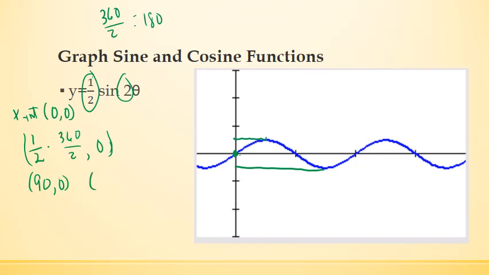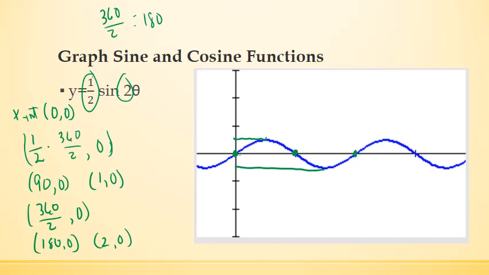On the coordinate plane, that's 1, comma, 0, and we see that verified right there. Then our next intercept is just going to be 360 over 2, comma, 0, or 180, comma, 0, or 2, comma, 0. Because this repeats, there we see an x-intercept.